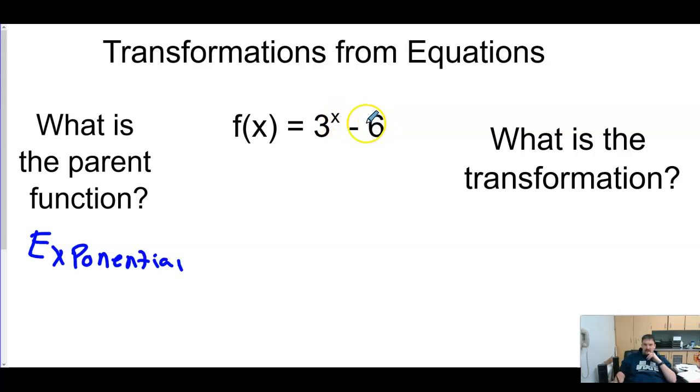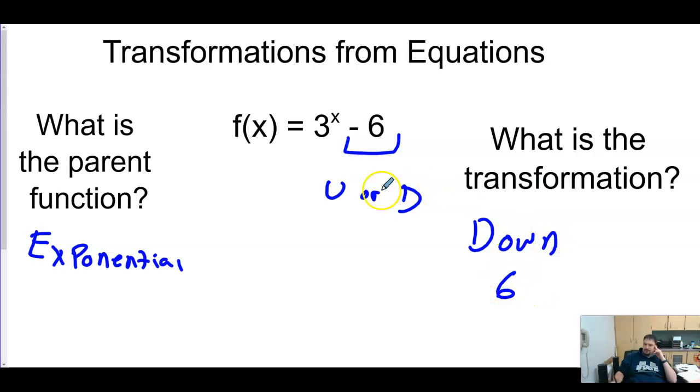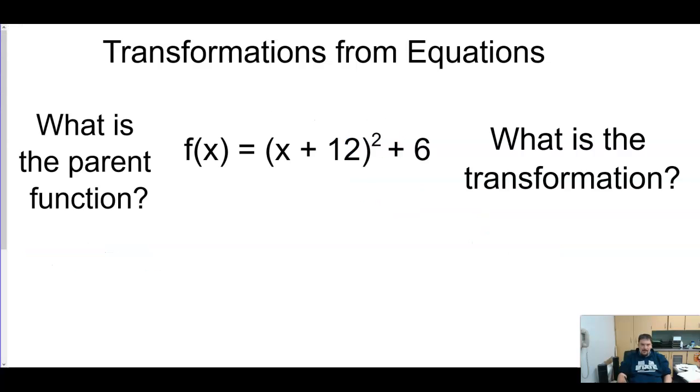Nothing's happening up here. The minus 6 is happening on the outside. So this is telling the truth. This is telling me whether I'm going up or down, and it doesn't lie. So minus 6 means down 6. So that's the transformation for that parent function.